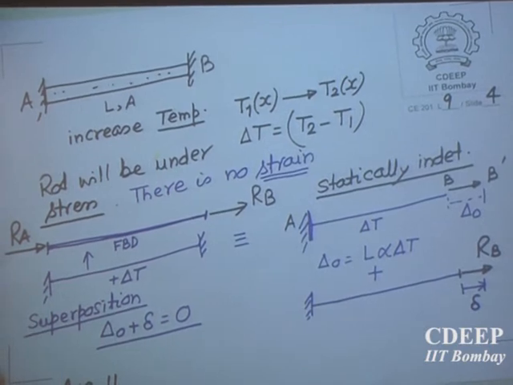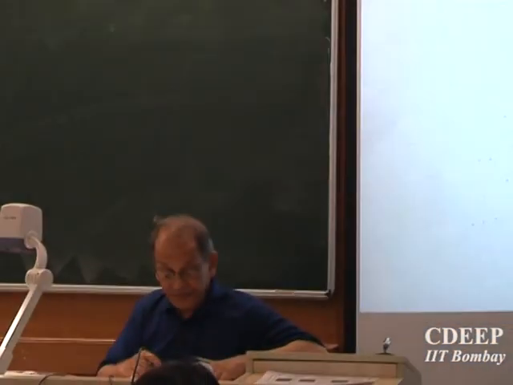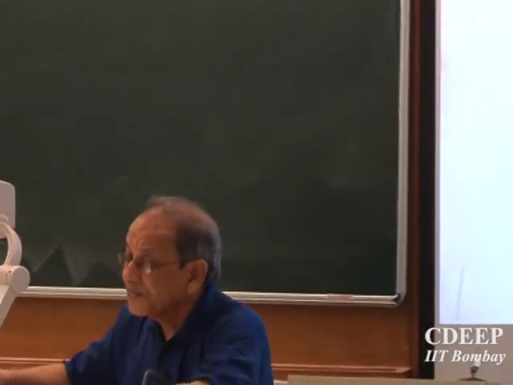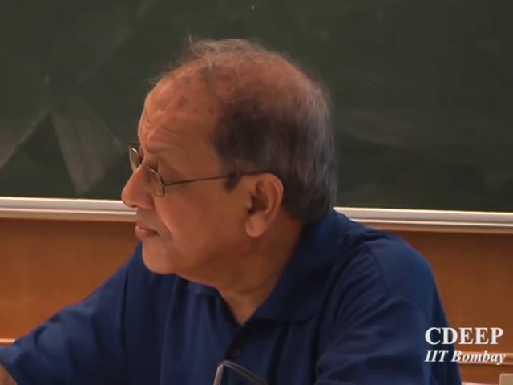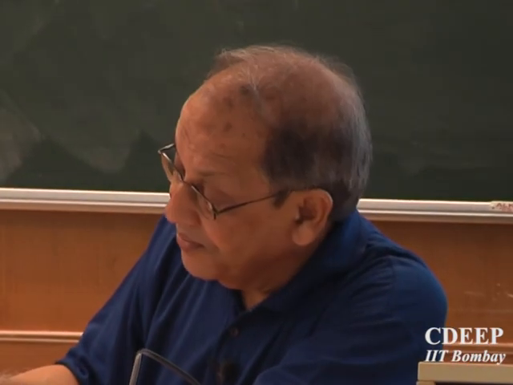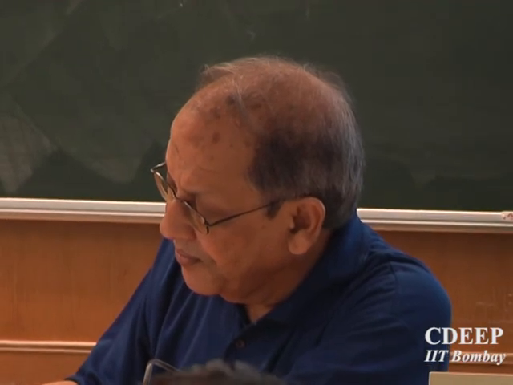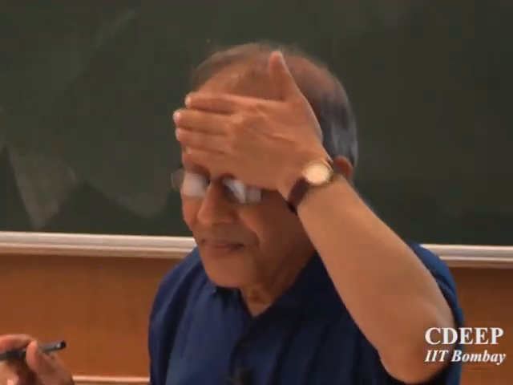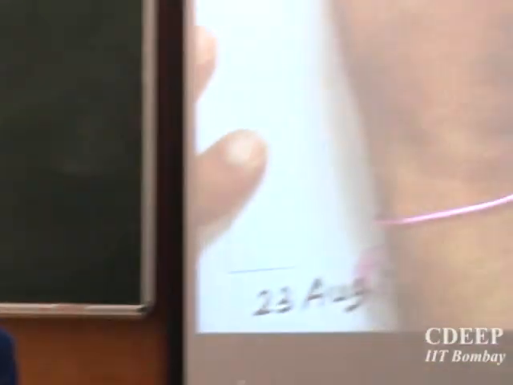Compatibility is always related to displacements. So here you get delta naught plus delta equal to 0.